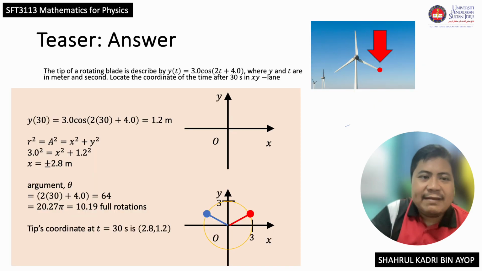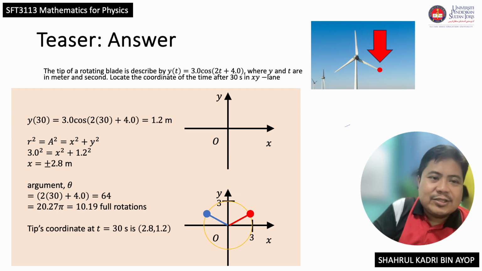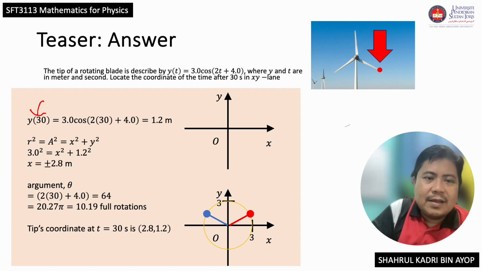We come to the end: how to locate the coordinate of the tip of the blade after 30 seconds of movement. We put 30 seconds here as the time, so we get a position on the y axis of 1.2.